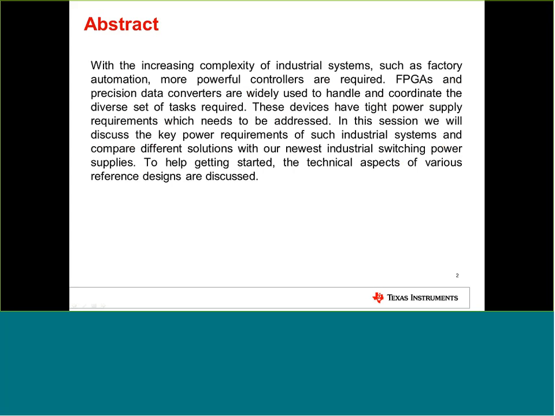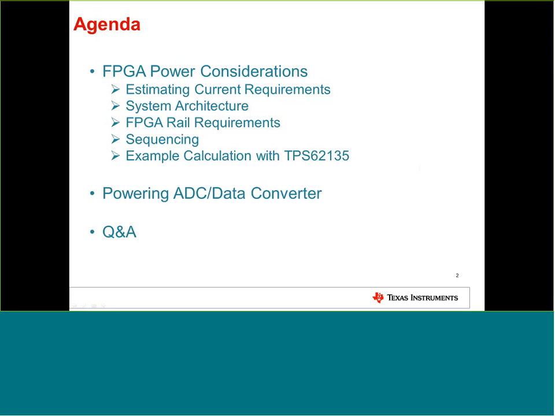Okay, so this here is again the abstract. I think you saw that already, with more detail on this topic. The agenda for this training: the first main portion is about the FPGA power supplies, or the power considerations. So how to estimate the current requirements, and which different system architectures we have.